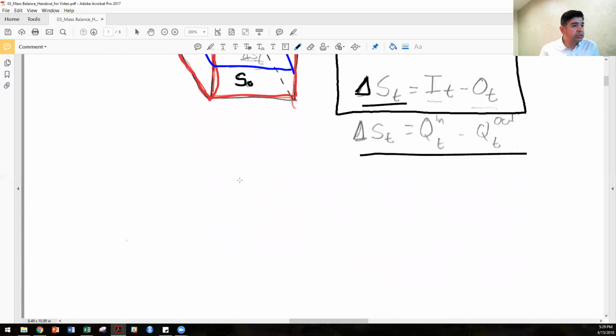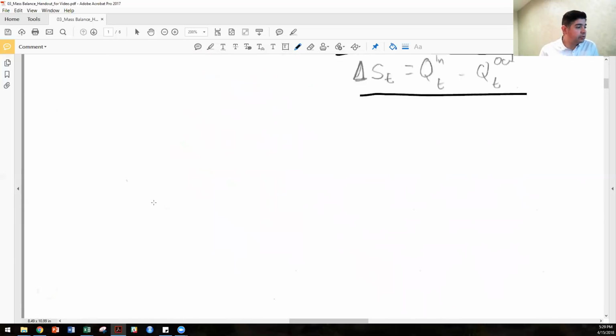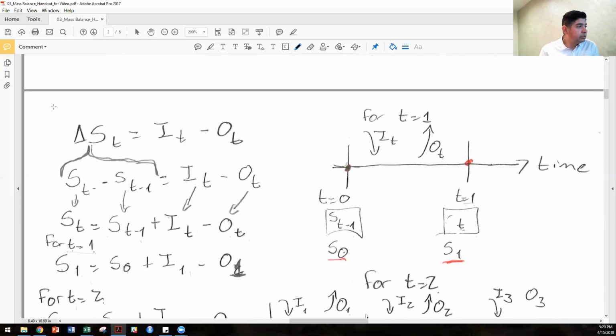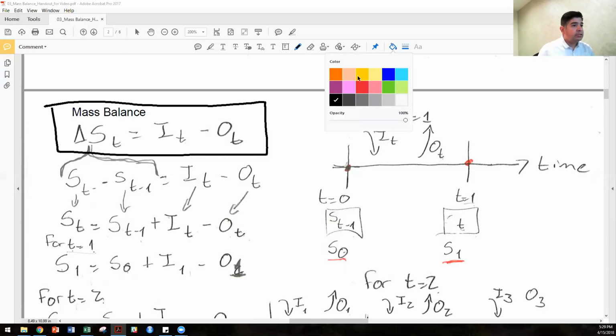So let me show you an example of this change of storage. Here we have the same exact equation, which is the mass balance equation. Now in this mass balance equation we have the inflows.